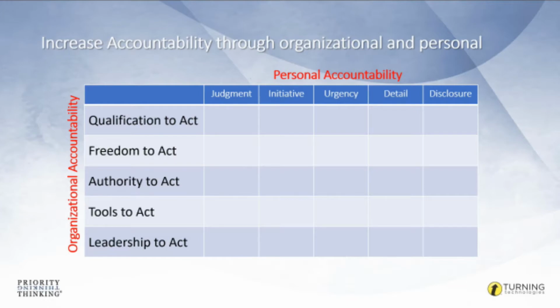Yeah, that's correct. What I try to do is get organizations to look at whether or not the structure in their organization is cultivating these 5 qualities of personal accountability. For example, in qualification to act, a good training system is going to assess the judgment of an employee. It's even going to cultivate the initiative of an employee.